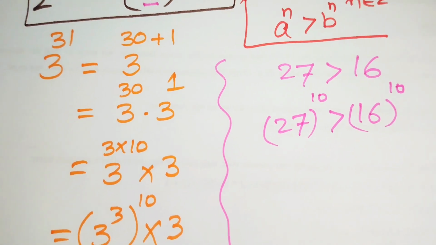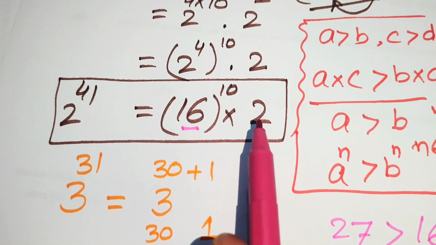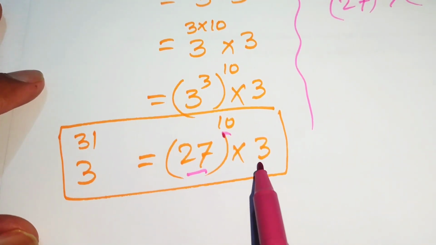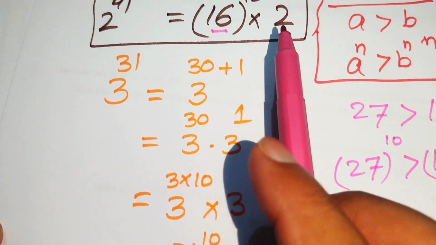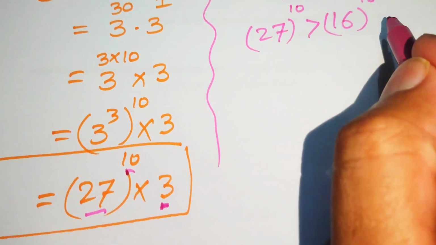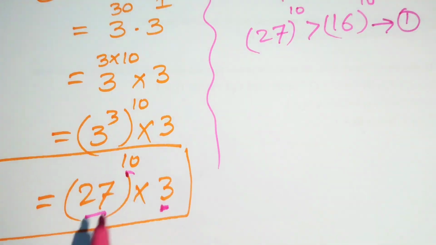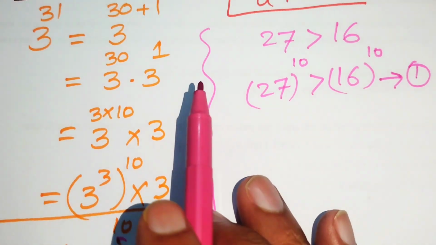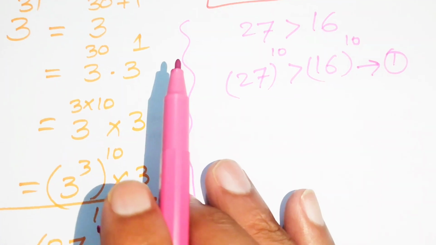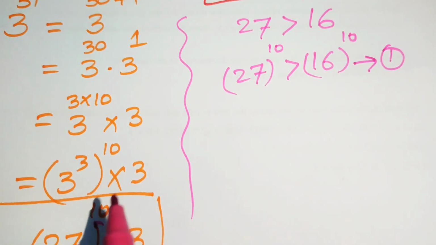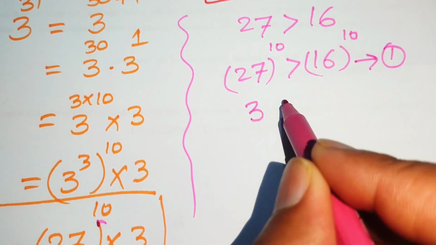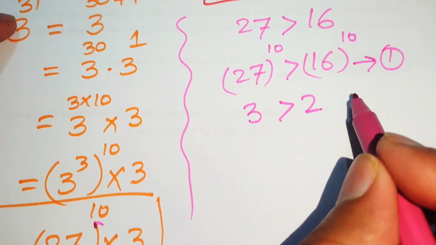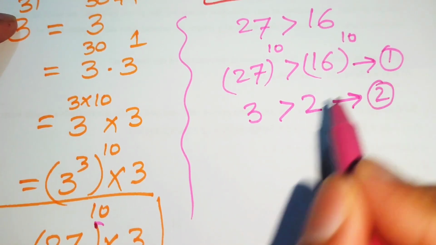We call this inequality 1. Now the other terms are 3 and 2. By comparing 2 and 3, we know that 3 is always greater than 2. So we name this inequality 2.